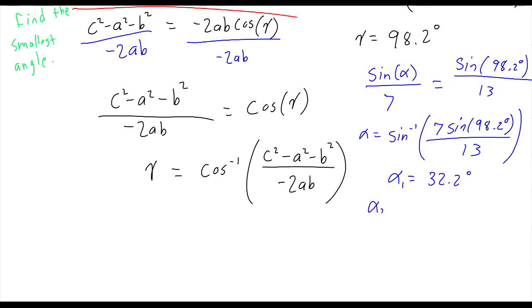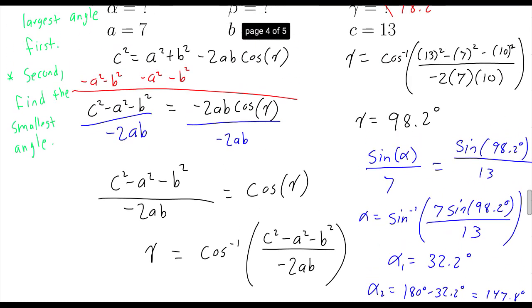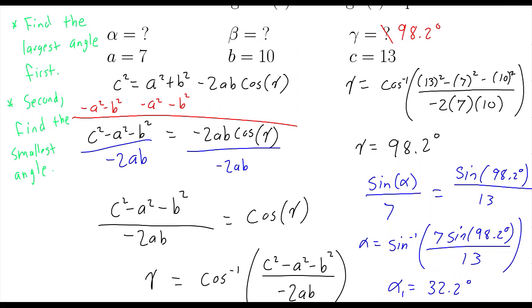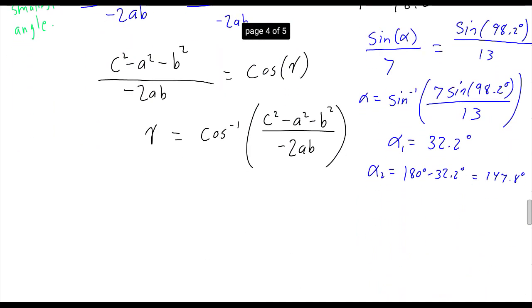We have a potential second. So 180 degrees minus 32.2 degrees. And that's going to be way too big, but that's 147.8. Okay, obviously that cannot be an alternate triangle because 147.8 degrees added to this 98.2 degrees is well over 180. Okay, so we would say that that is not a possible triangle. We only have one. So alpha is 32.2 degrees.